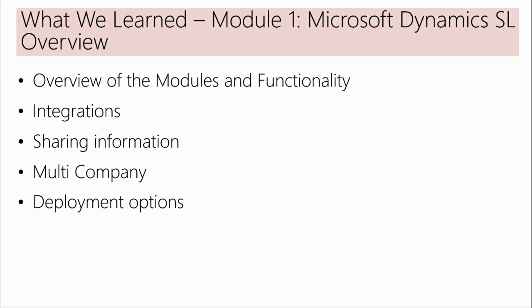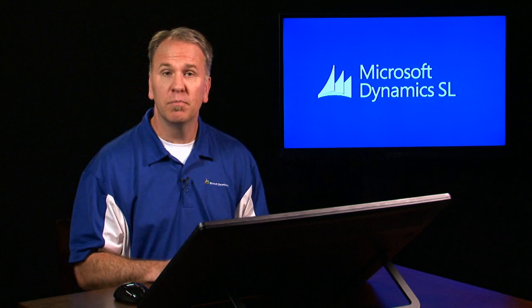We talked about multi-company and the fact that we support it and the ease of moving in between. And then lastly, we talked about deployments, the way that you can deploy the product the way that fits best for your company. So that's the end of Module 1, Microsoft Dynamics SL Overview. We've given you the basic information around how the product works. And we look forward to talking to you next in Module 2, where we'll get into the screens and show you how some of them work.